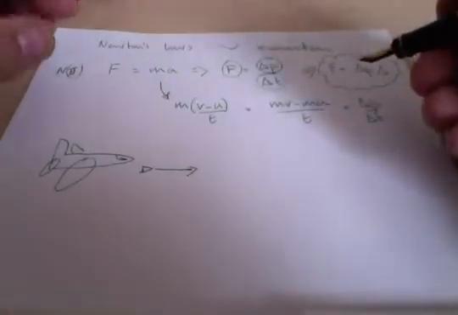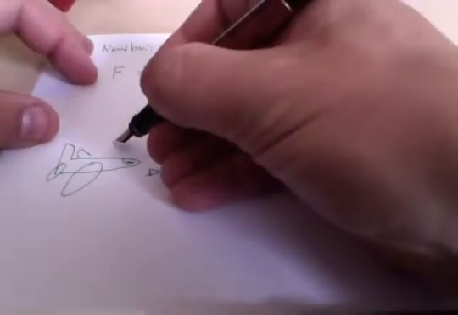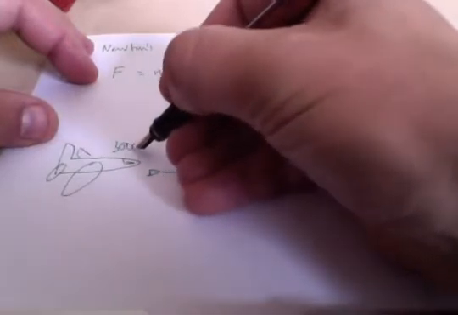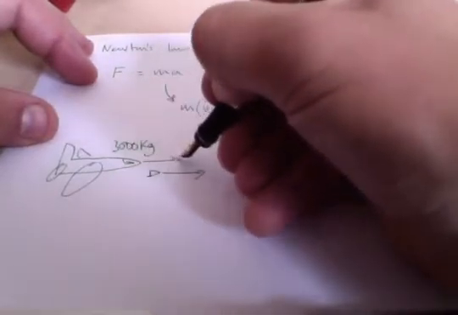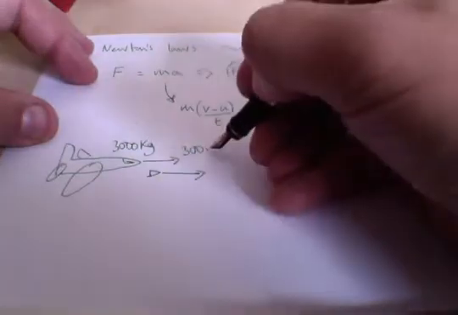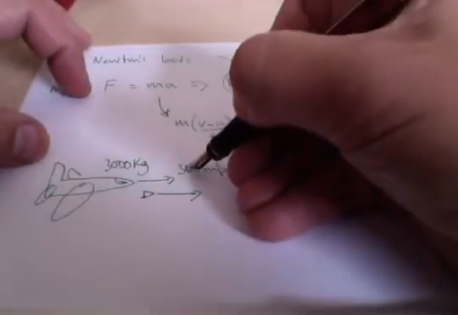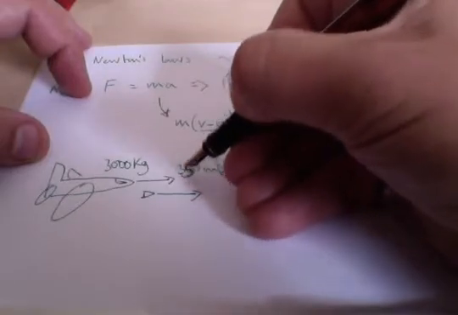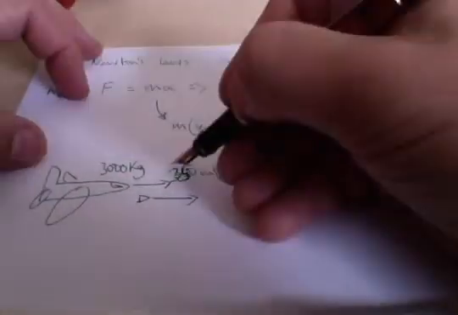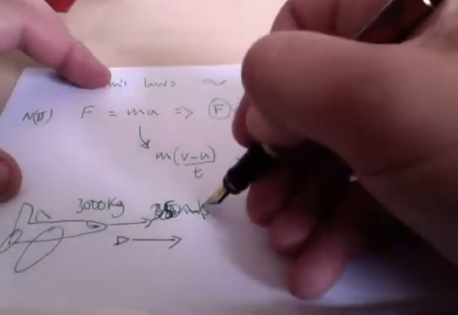Let's imagine you've got a jet, a terribly drawn jet, that's firing bullets, and this jet, which weighs 3,000 kilograms, is moving at 350 meters per second, just at the speed of sound.